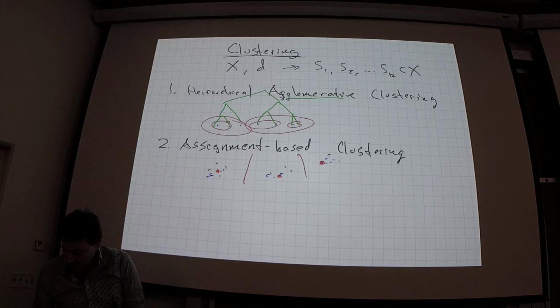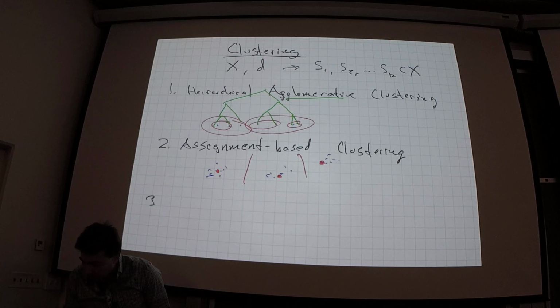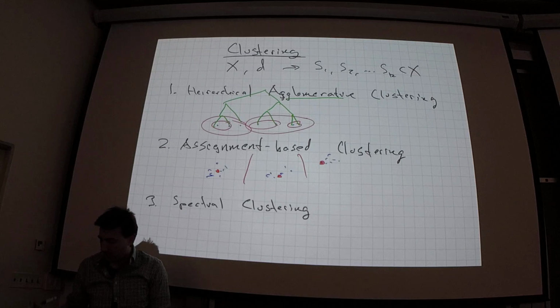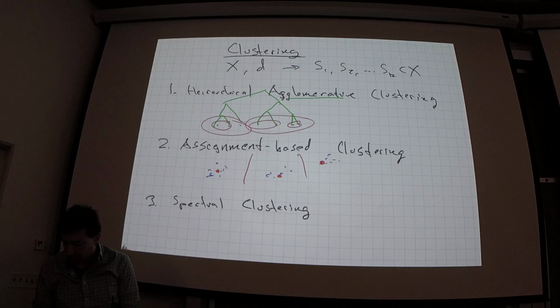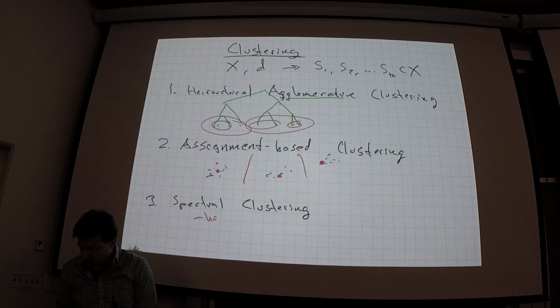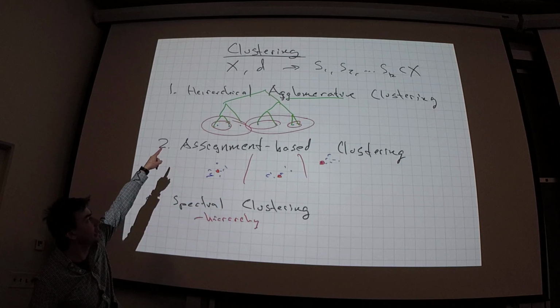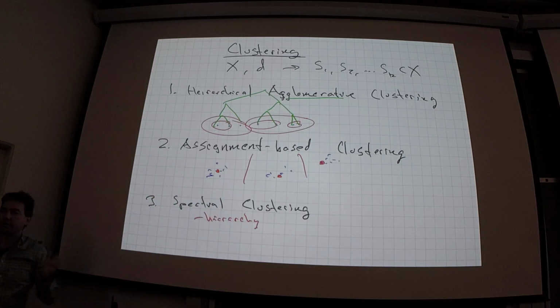Okay, but to give the context, the third way of doing this is spectral clustering. And spectral clustering is going to give us a hierarchy, like the hierarchical agglomerative clustering.